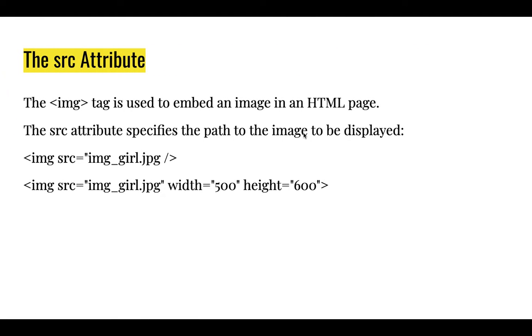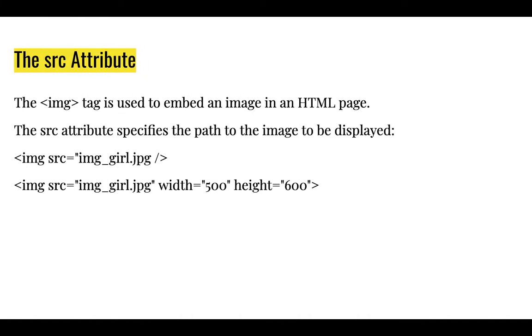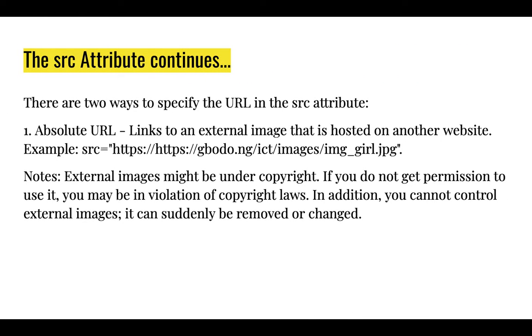The img tag is used to embed an image in an HTML page. The src attribute specifies the path to the image to be displayed. There are two ways to specify the URL in the src attribute.